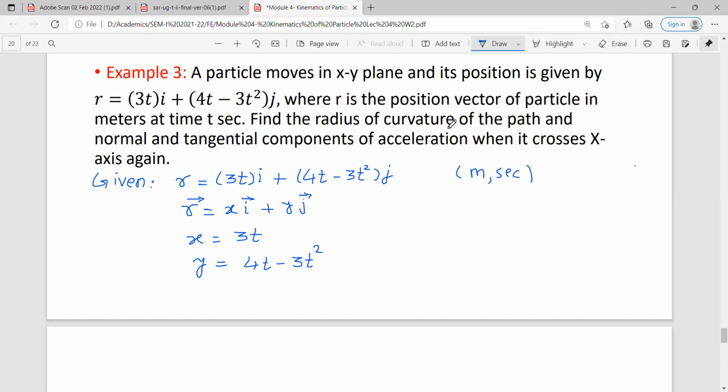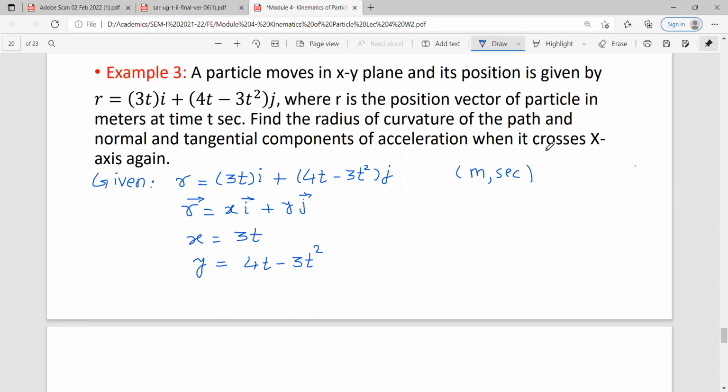Find the radius of curvature of the path and the normal and tangential components of acceleration when it crosses the x-axis again.